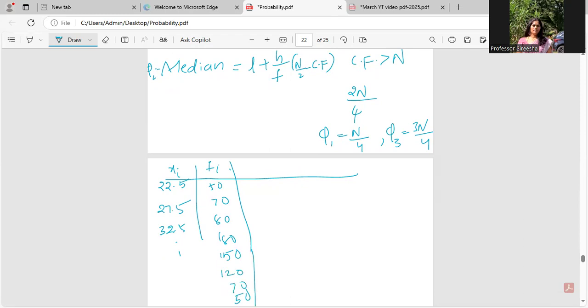All these are the frequencies. First, I will find the cumulative frequency. The first one is 50, the next is 120, the next is 200, the next is 380, and the next one would be what?